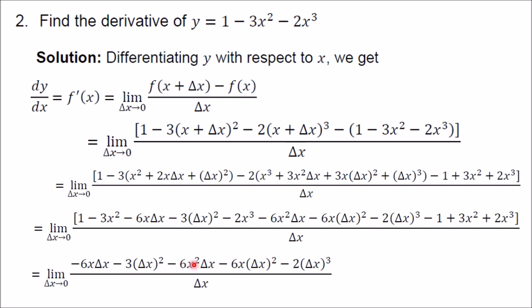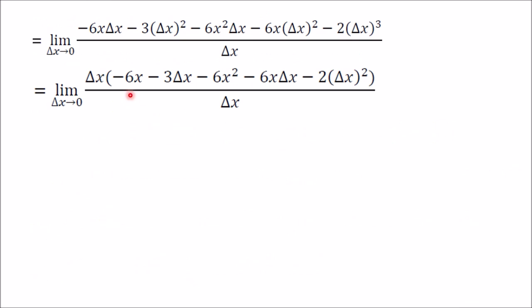So, we will factor out delta x from each of these terms. And then, ayan, we factor out delta x. So, inilabas natin si delta x. And naiwan dito sa first term is negative 6x na lang. Dito, naiwan is negative 3. May naiwang isang delta x kasi nga square siya. So, dalawa. Ito, lumabas na yung delta x kaya naiwan 6x squared na lang.